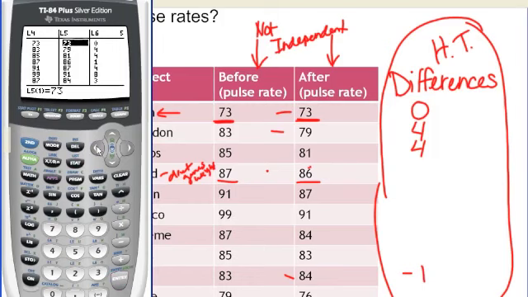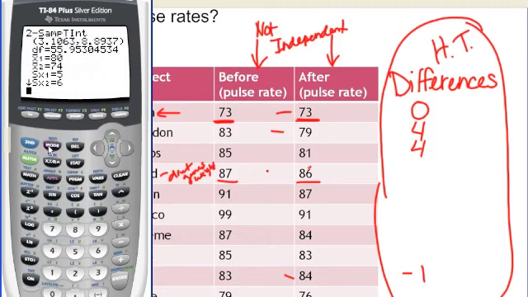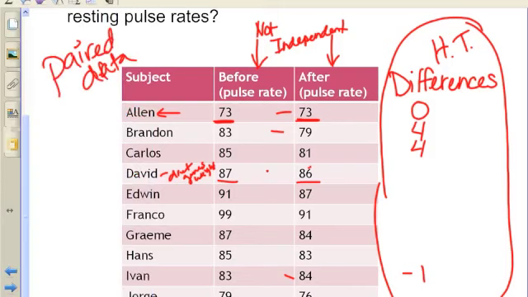Please do not type in list 6. Just 4 and 5. I'm going to show you a shortcut because I love shortcuts. You guys are going to like this. So what I was doing here was taking the value in list 1, subtracting the value in list 2 to get my difference.